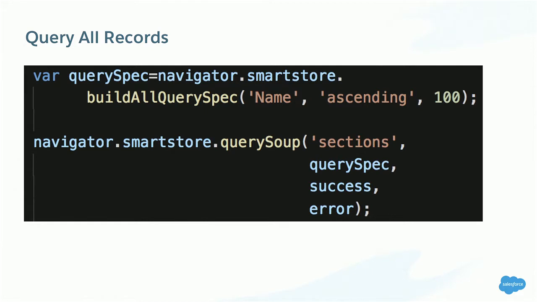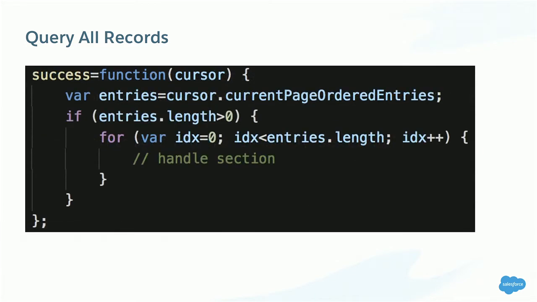And then I execute the query soup method. This pattern should be very familiar. I pass the name of my soup, I pass the query spec that I've just created, and success and error callbacks. My callback in this case gets an additional parameter, but it's not a collection of records, it's a cursor. That's because there may be pagination, there may be too much information for the smart store to be able to pass me back in one single go.